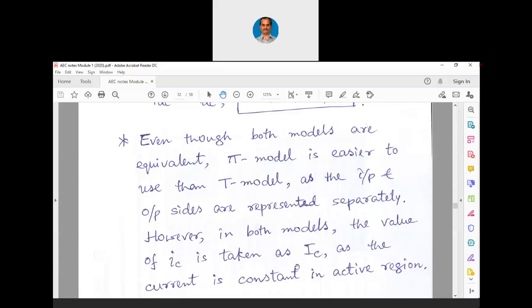We assume that around the Q point, the transistor is linear for small signal operation, and we are not worried much about IC equals ICQ plus small IC. That small IC we can ignore and we can always consider capital IC for all our analytical purposes.